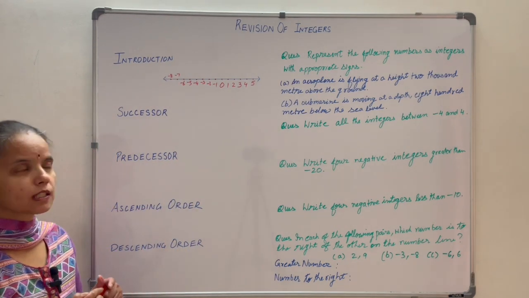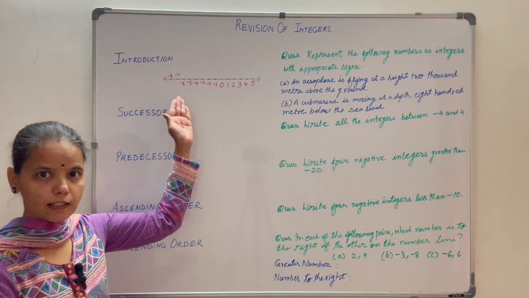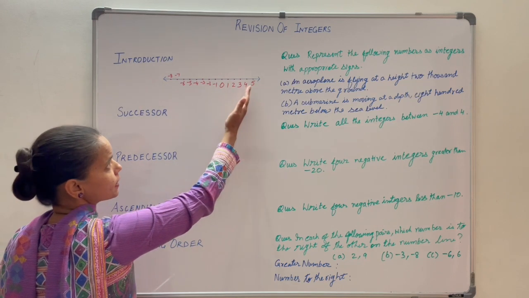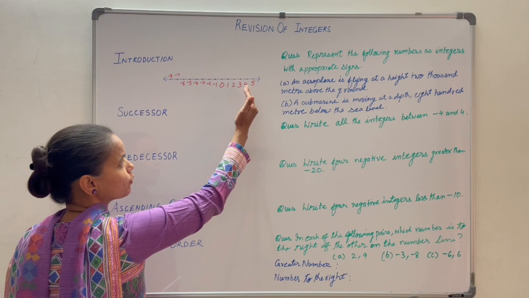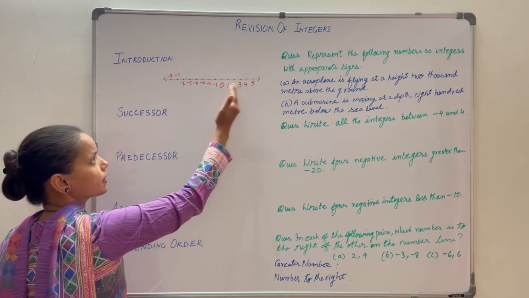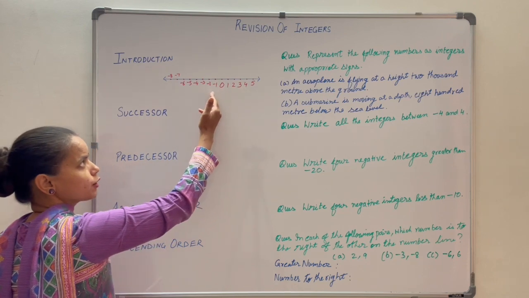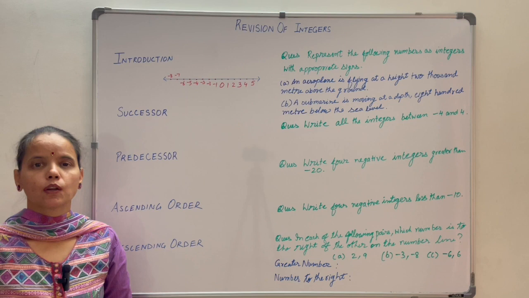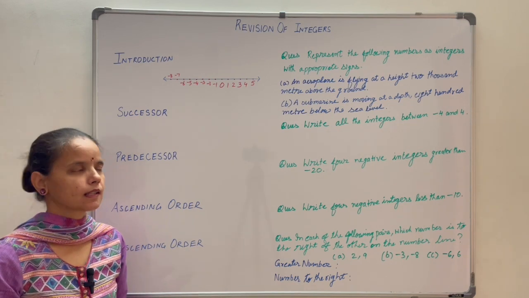So integers consist of positive numbers, 0 and negative numbers. As we move from left to right, the numbers are arranged in ascending order. When you move from right to left, the numbers are arranged in descending order: 5, 4, 3, 2, 1, 0, -1, -2, like that.